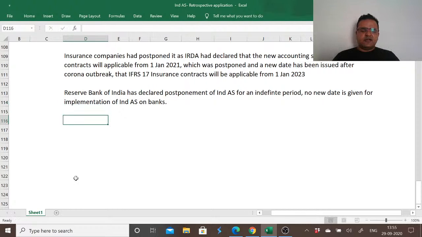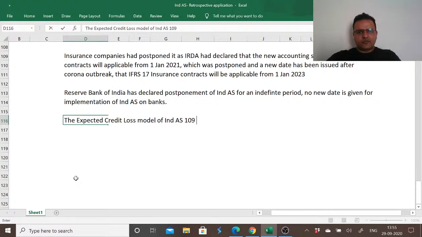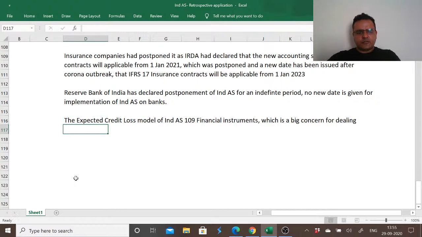The main reason or concern area, which I believe, is the expected credit loss model of Ind AS 109 financial instruments, which is a big concern for dealing with non-performing assets.